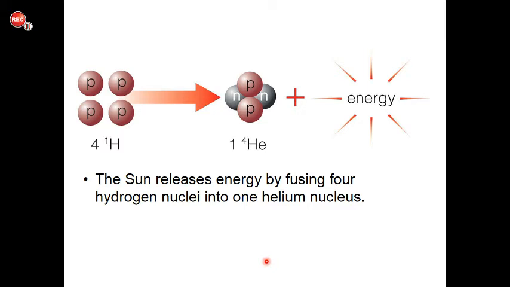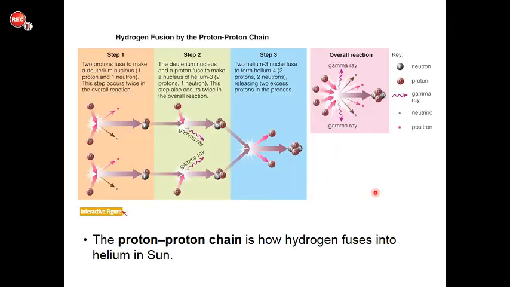The general idea is you take 4 hydrogens and you produce a helium. You produce some other particles, but the helium weighs less than the hydrogen and the other stuff that disappears, and you're left with extra energy. So the actual process is what's called the proton chain. You build deuterium, which is a hydrogen isotope, out of protons.